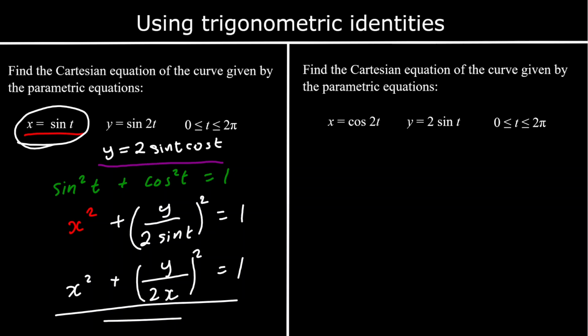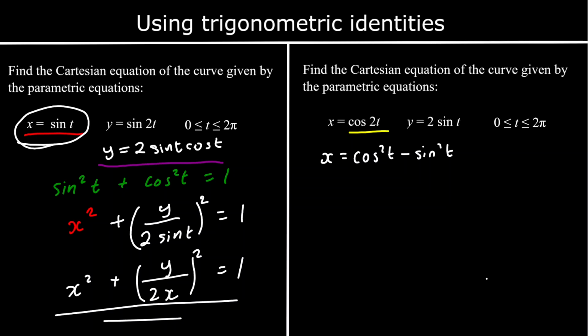So this time we have a cos 2t that we're going to have to change. So we can either use our cos squared t minus sine squared t, or we could use the version that's just cos, which is 2 cos squared t minus 1, or the just sine, which is 1 minus 2 sine squared t.